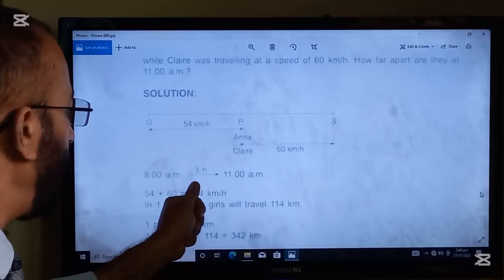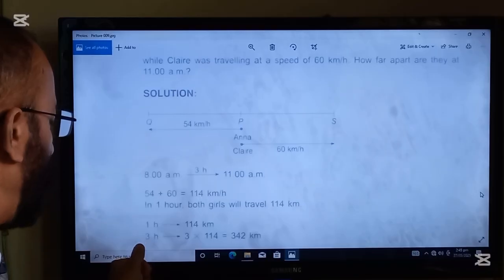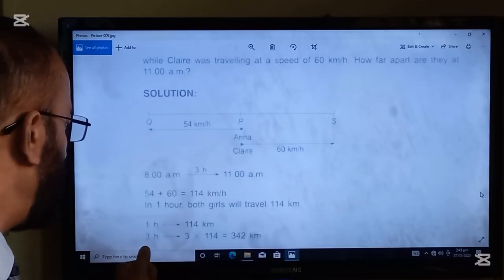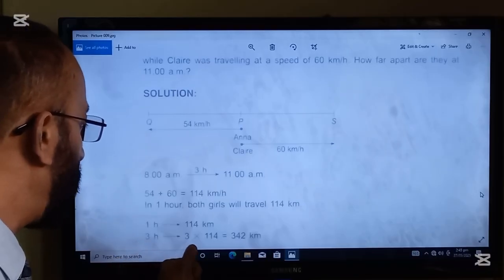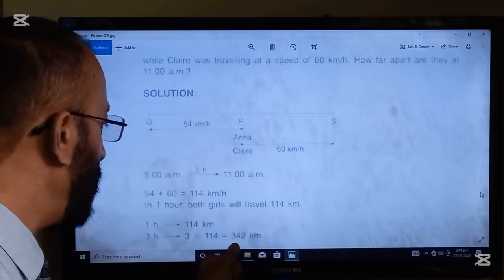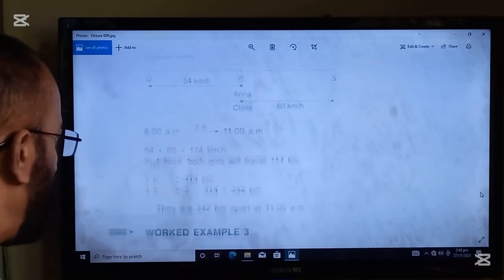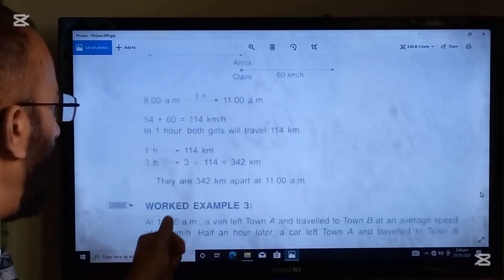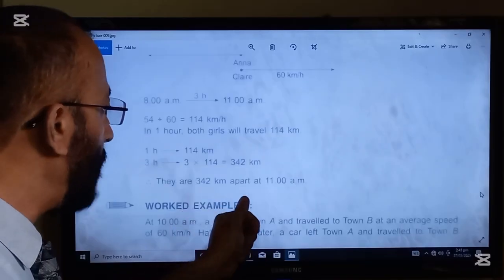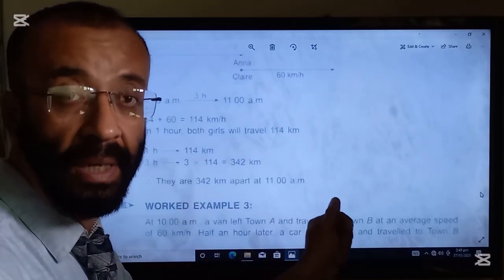And we are required to find the distance in 3 hours. So multiply 3 on both sides. So 3 hours will be equal to 3 multiplied by 114. That will be equal to 342 kilometers. So they are 342 kilometers apart at 11 a.m.